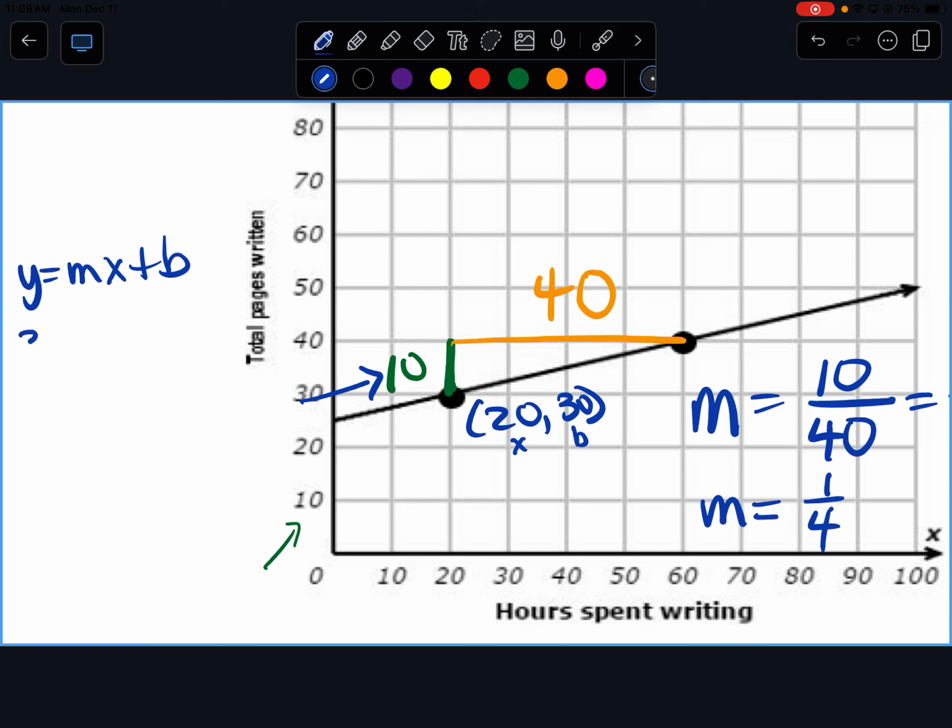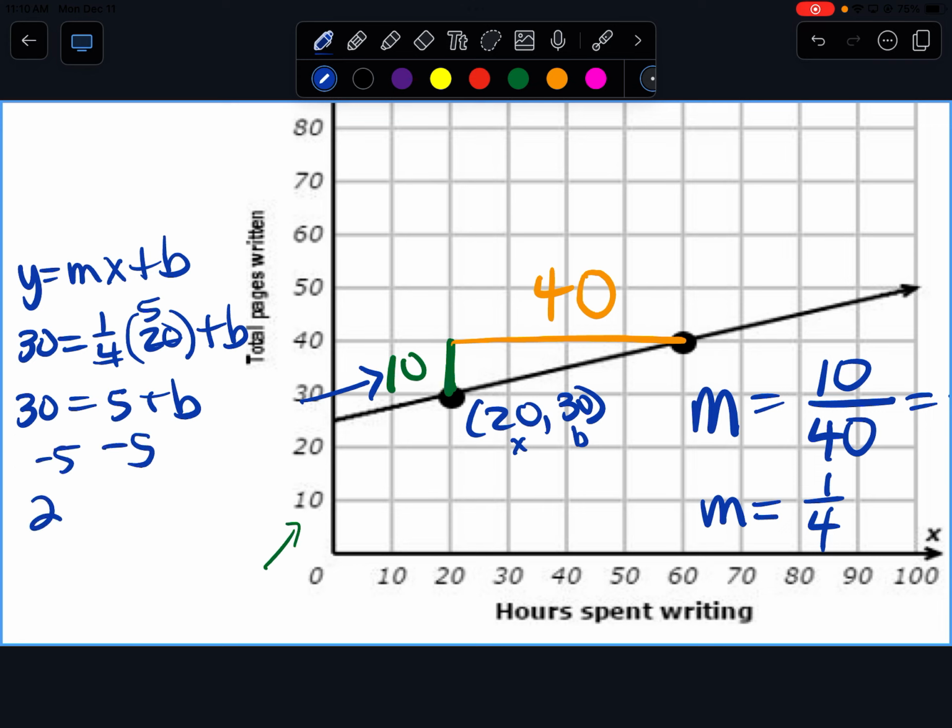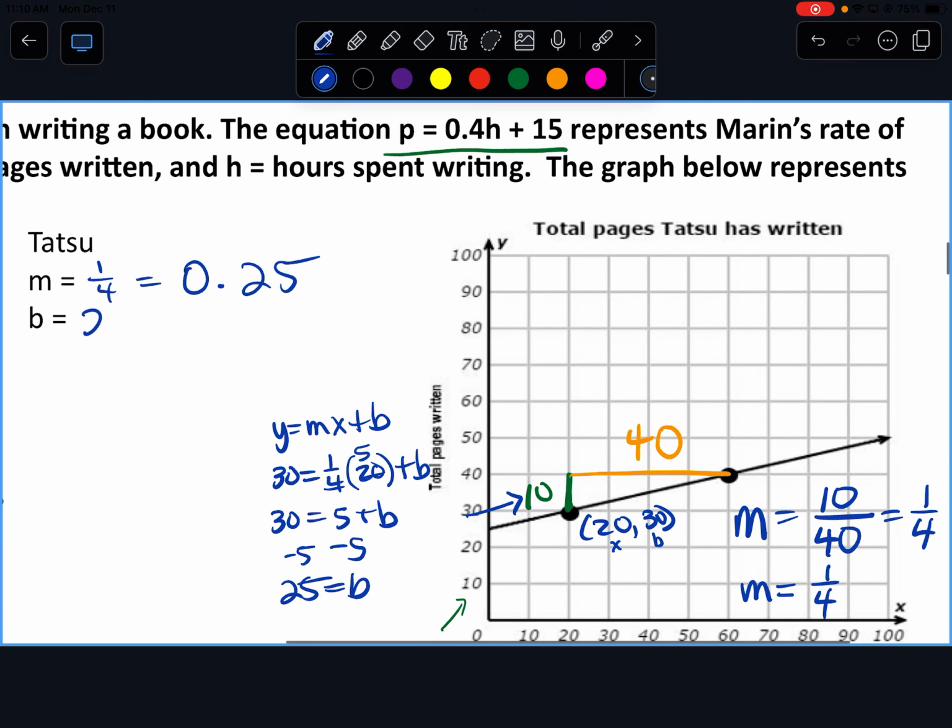So I'm going to replace y with 30, m with 1/4, x with 40, plus b. 4 goes into 40 ten times, so 10 plus b. Subtract the 10, and get 20 is equal to b. So that goes right here.